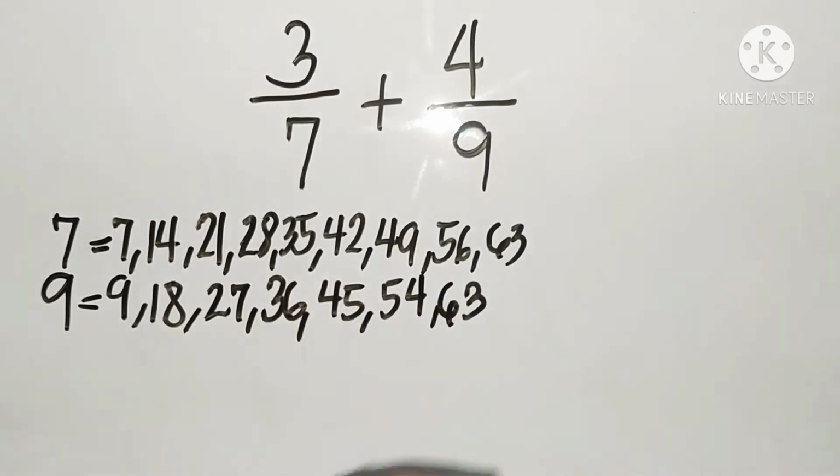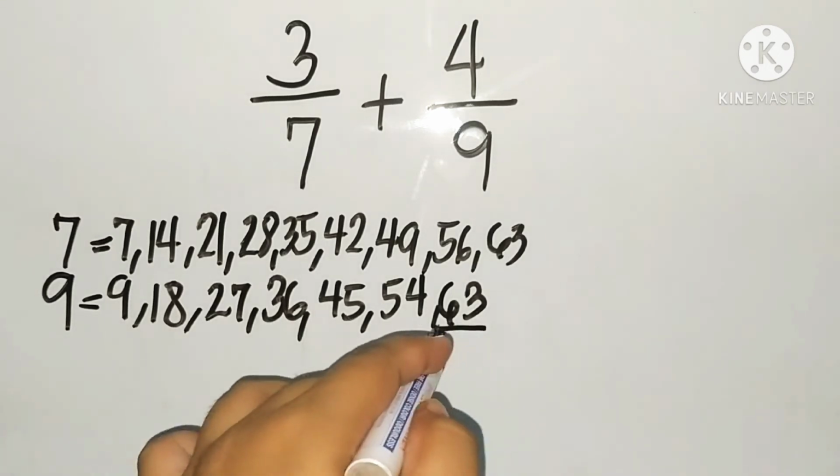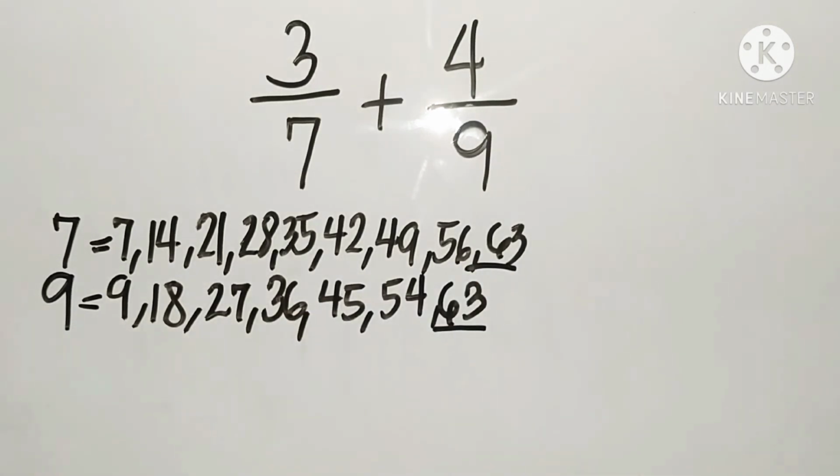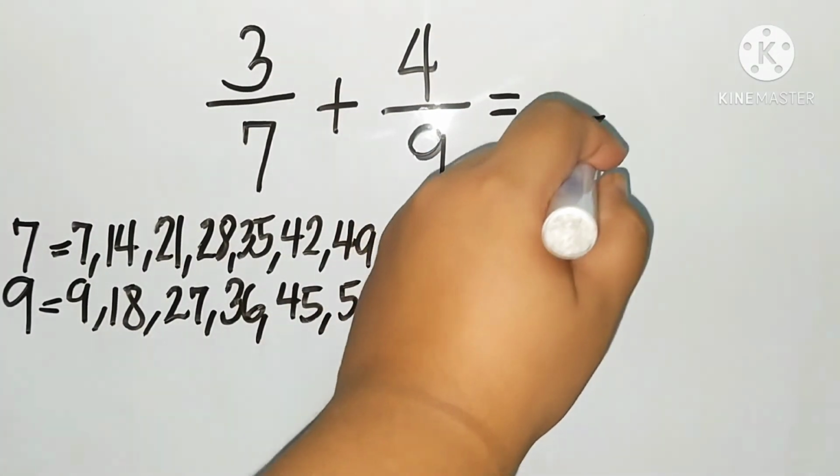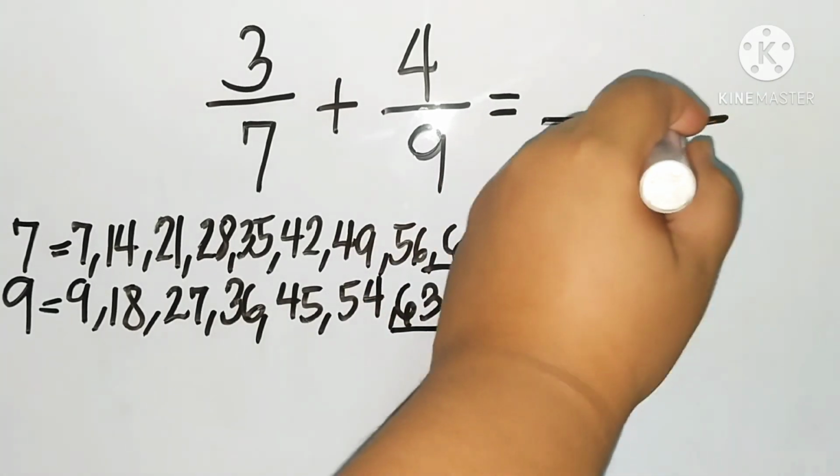So, saan sila nagkapareho? So, base naman sa multiples natin, nagkapareho sila sa 63. Wala nang iba. Ating magiging denominator ngayon ay 63. 63 yung bago nating denominator plus yung another fraction na 63.